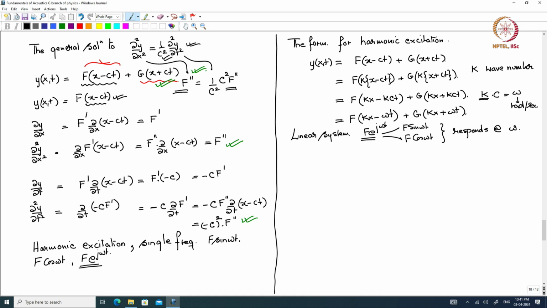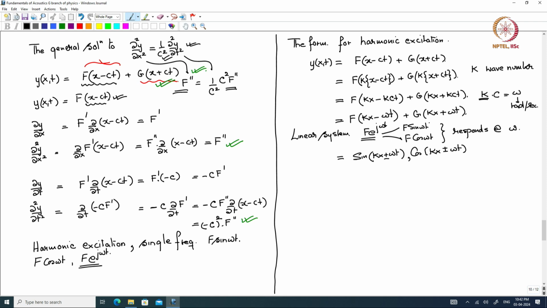So, the response form is going to be either a sine of kx plus minus omega t, or cos of kx plus minus omega t. Okay.